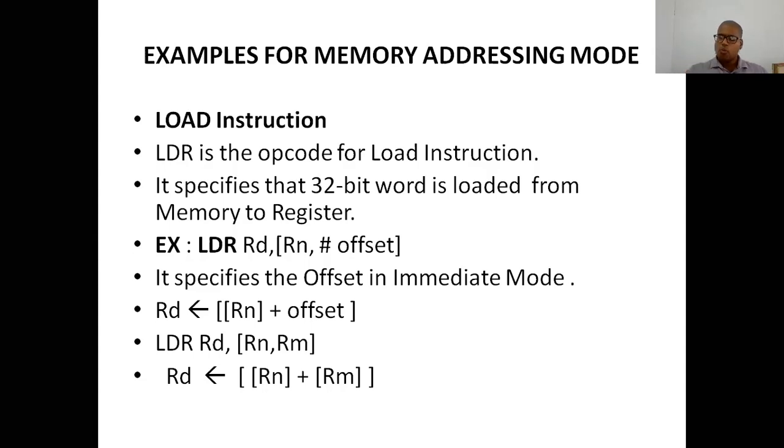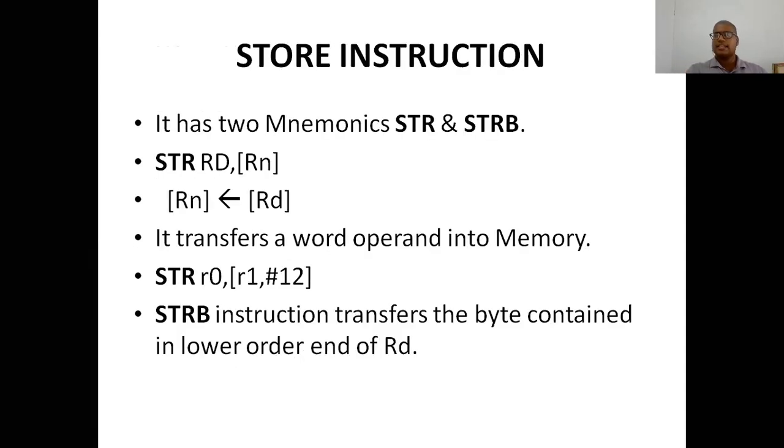Whenever I write an instruction like str, automatically the 32 bits are going to be transferred into the specified memory location. You should observe that the entire 32 bits cannot be stored in a single memory location. In one memory location we can store only 8 bits of data.